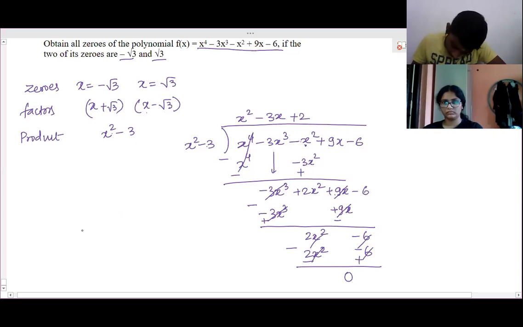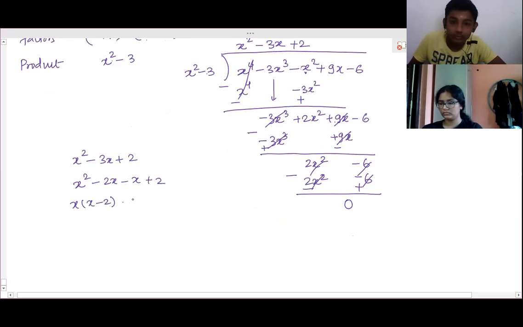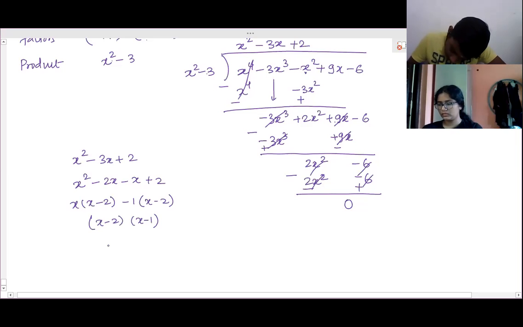And now factorize x square minus 3x plus 2. The product is plus 2, sum is minus 3. So x square minus 2x minus x plus 2. x into bracket x minus 2 minus 1 into bracket x minus 2. So x minus 2 into x minus 1.